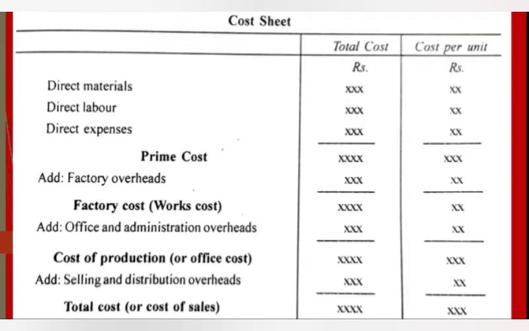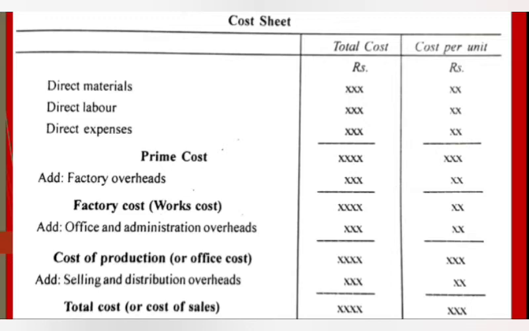It should be added with the prime cost and we'll get work cost, otherwise known as factory cost. Next, to get cost of production, we have to add office and administration overheads. Office overheads are expenses incurred in formulating policies, planning, controlling, directing and motivating, all the indirect expenses of an organization. It is a cost incurred in connection with the management and administration of enterprises.